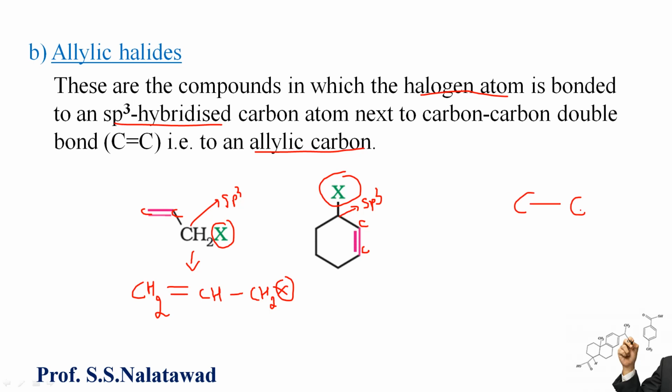We know that a singly bonded carbon atom definitely has sp3 hybridization. If there is a doubly bonded carbon atom, it has sp2 hybridization. Then what if there is a triply bonded carbon atom? Obviously it is sp hybridization.